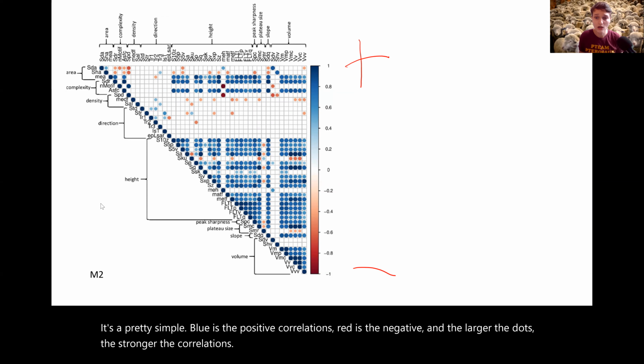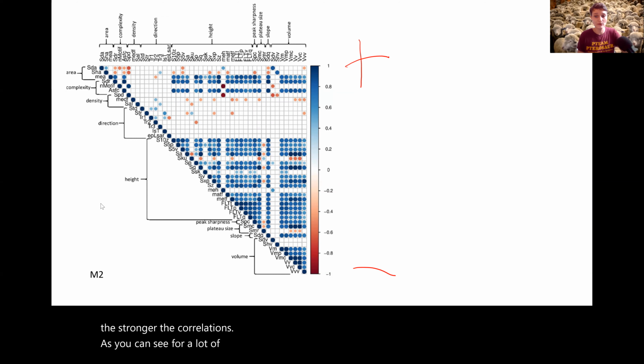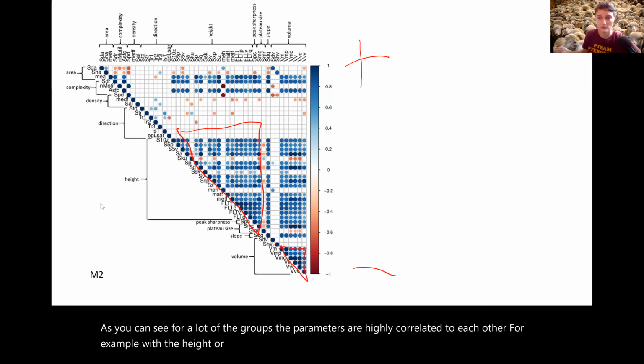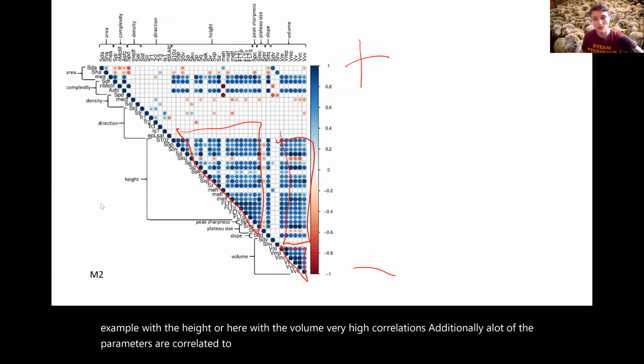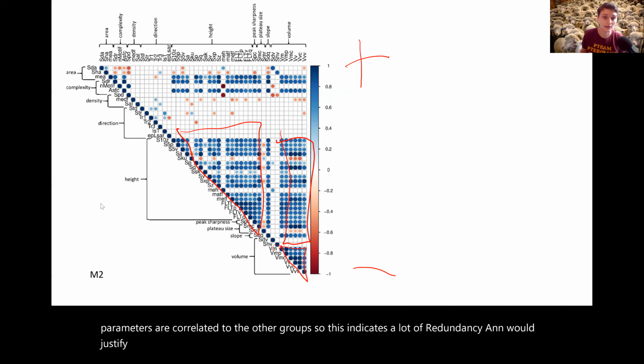As you can see, for a lot of the groups, the parameters are highly correlated to each other, for example with the height, or here with the volume, very high correlations. Additionally, a lot of the parameters are correlated to the other groups. So this indicates a lot of redundancy and would justify the use of a reduced data set to simplify this technique and make it easier to understand.